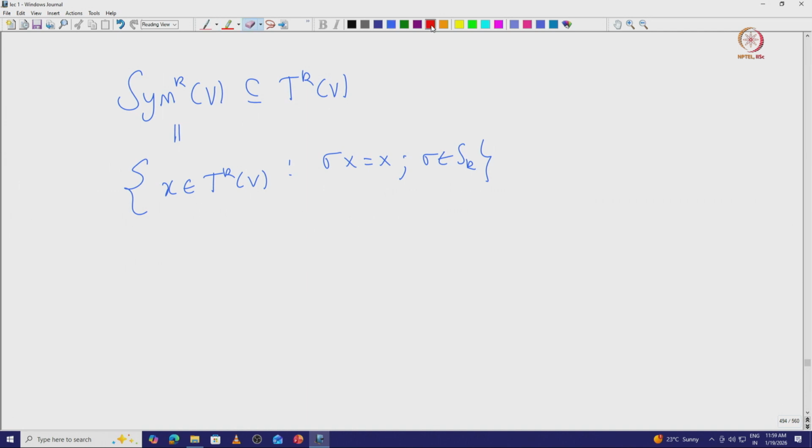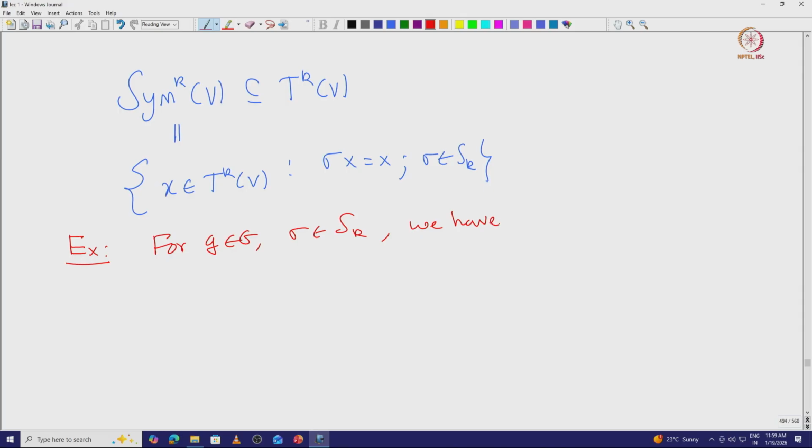It is an easy exercise to prove that the action of the symmetric group S_k on T^k(V) commutes with your G action. Let me spell it out for g in G and sigma in S_k.